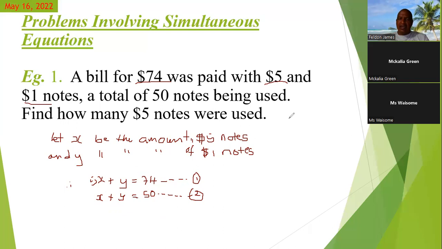So what can you say in terms of the amount of $5 notes and the amount of $1 notes? How many $5 notes would you use? And how many $1 notes would you use? Now remember, those are what you did not know. And that's what you're saying x is. x is the amount of $5 notes. And you're saying y is the amount of $1 notes. So what kind of equation could you write to equal $74 with some amount of $5 notes and some amount of $1 notes? What comes to your mind, Ms. Green?